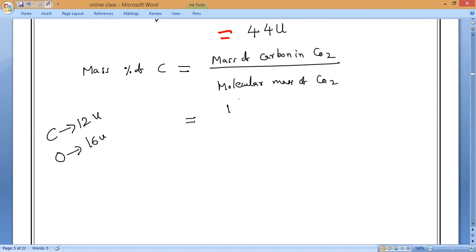So the mass of carbon is 12, divided by the molecular mass 44, into 100 percent.